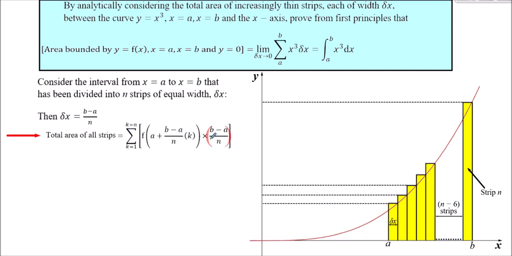So if I put (b minus a) over n in brackets and imagine it shifting to the outside, then I can rewrite this line as the sum of all the strips is (b minus a) over n multiplied by the sum from k being 1 all the way up to k being n, f of the different values of x summed up. But f of x, of course, is x cubed.